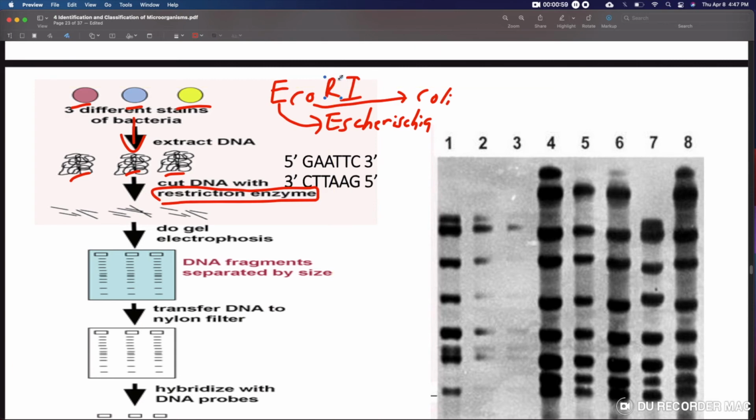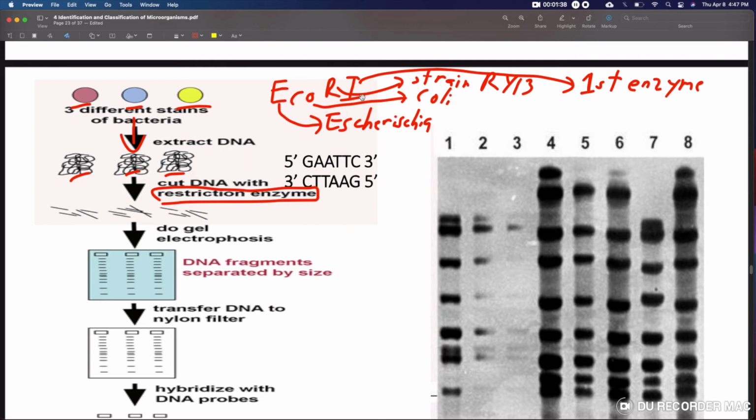The R in EcoRI is the strain, so here the specific strain is RY13, and the I in EcoRI is the number. This is because EcoRI is the first restriction enzyme isolated from the strain, the order of the enzyme that was isolated from this RY13 strain. Okay, so that's EcoRI.